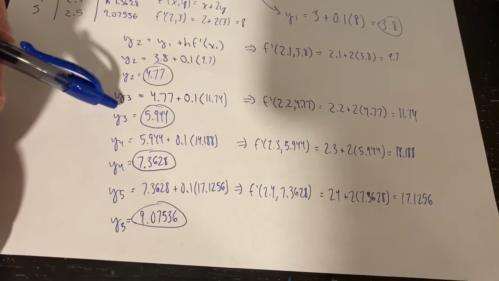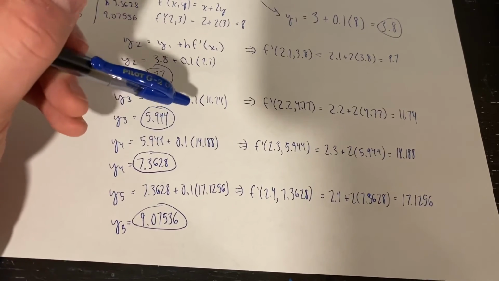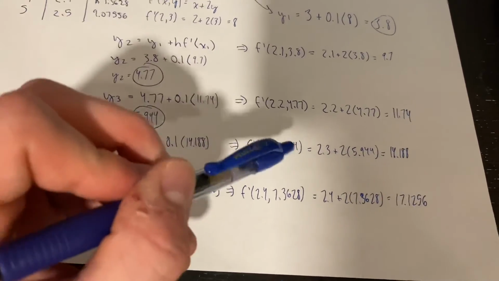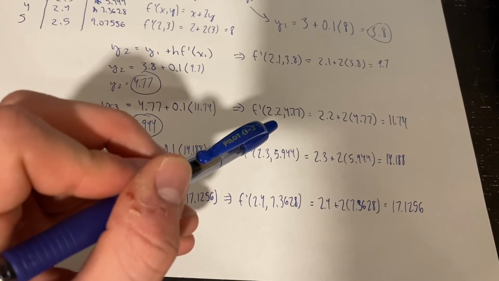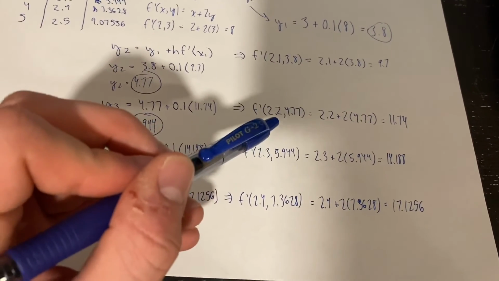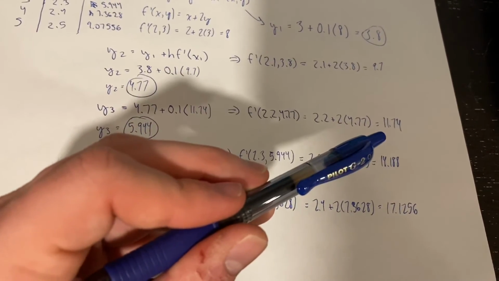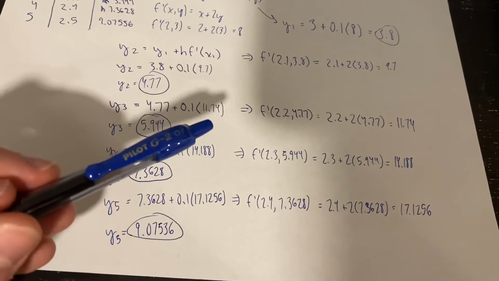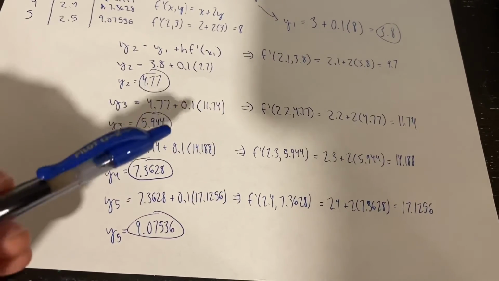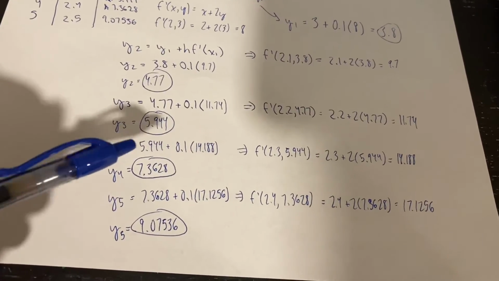Next up, we have y sub 3. It's going to be y sub 2, 4.77, plus the small step times f prime of x sub 2 and y sub 2, which is going to give us 11.74. So, plus 0.1 times 11.74 is going to give us 5.944 for y sub 3.